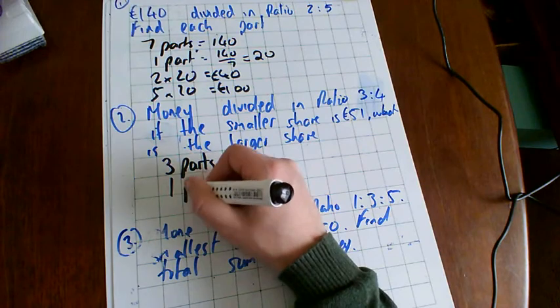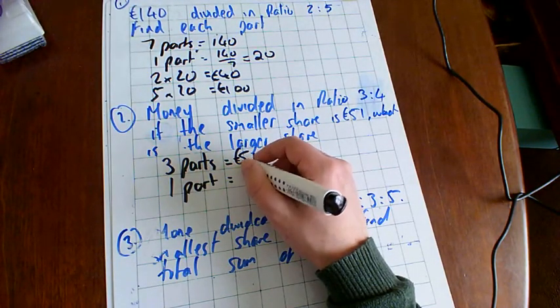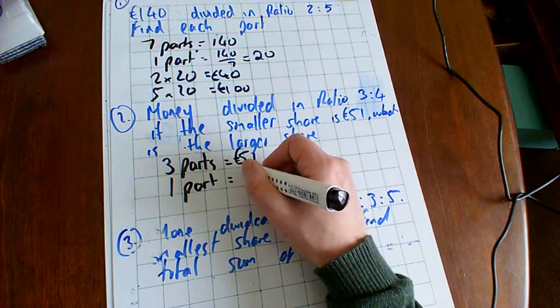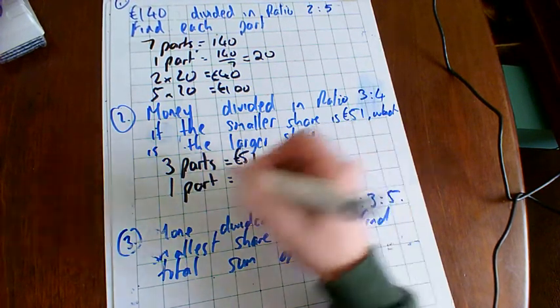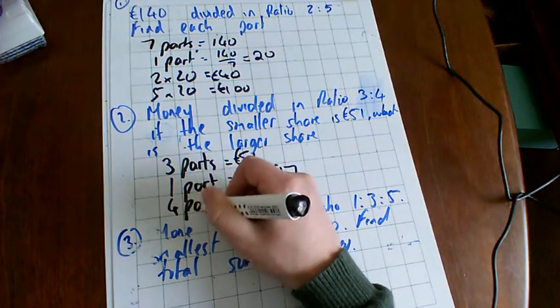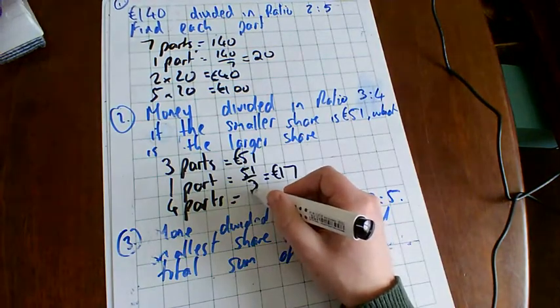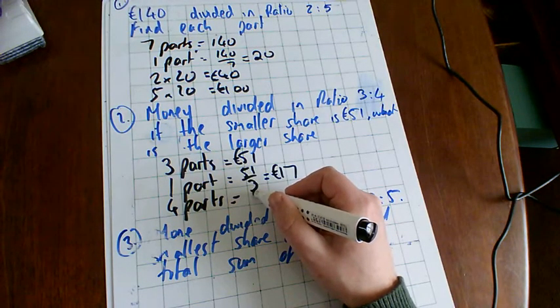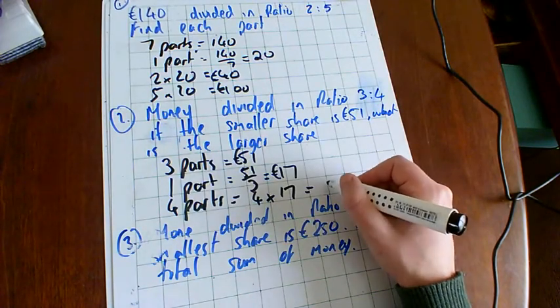So you find out 1 part is equal to 51 divided by 3, which works out as €17. And so that means 4 parts, because we're not looking for the total, we're looking for just the larger share, which is the 4 parts, which will be 4 by 17, which is 68.